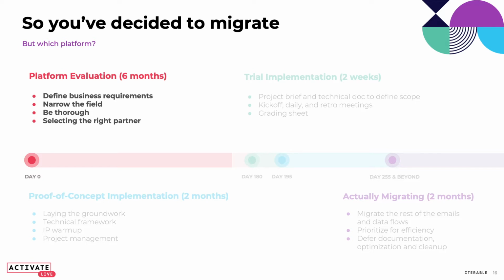And having a sense of those clear business requirements allowed us to narrow the field from the hundreds of vendors available down to a short list of about 5 vendors who, at a glance, really met our use case. And once we were at that step, we went through a thorough evaluation process with each, which did look like bringing them in for on-sites and video calls with platform demonstrations.